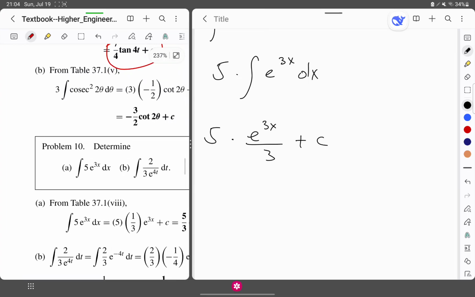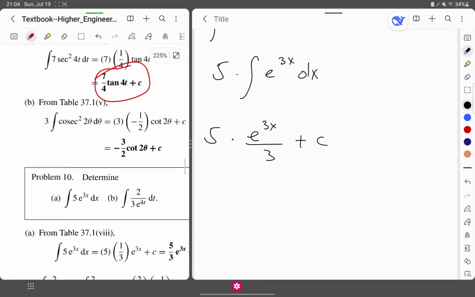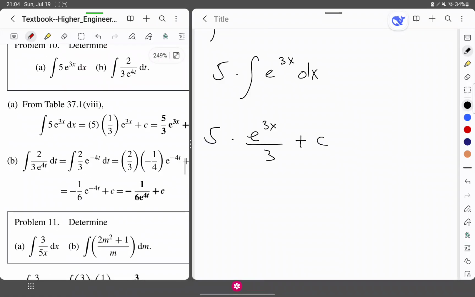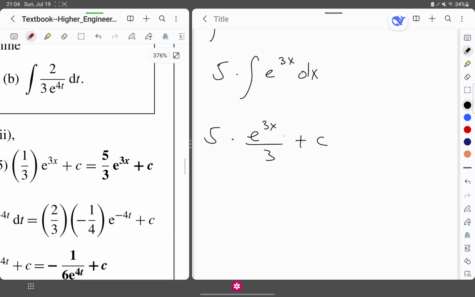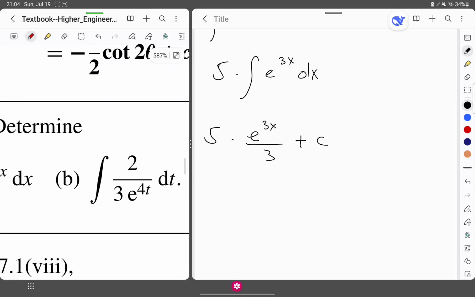Is that true? Yes, 5 over 3 e to the power of 3x plus c. Okay, good job.